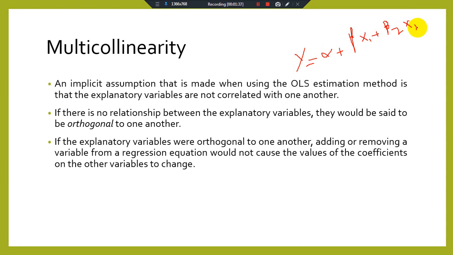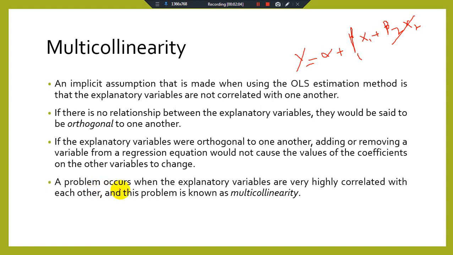If our explanatory variables are orthogonal, then by removing x2 or by removing x1, the coefficients beta 1 and beta 2 will not normally change. So if they change, there may be an issue of multicollinearity. If they do not change, then we can call it orthogonal and there is no issue of multicollinearity.